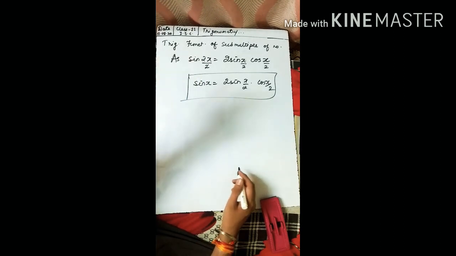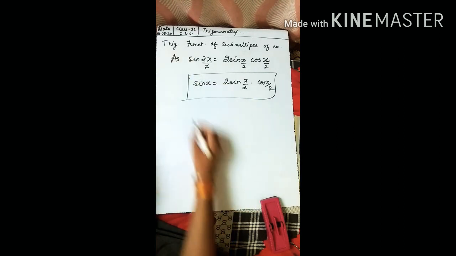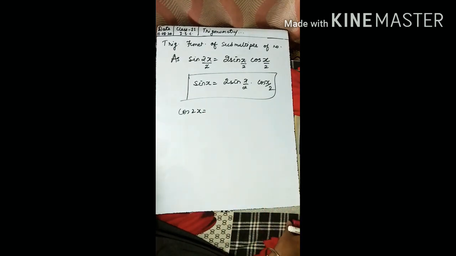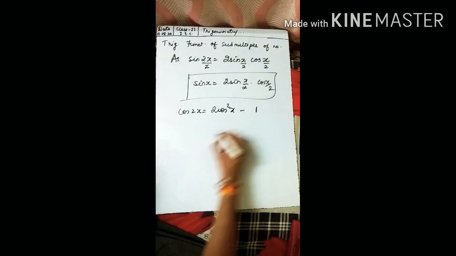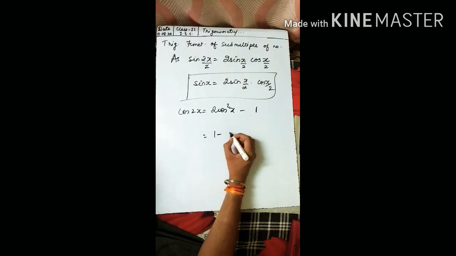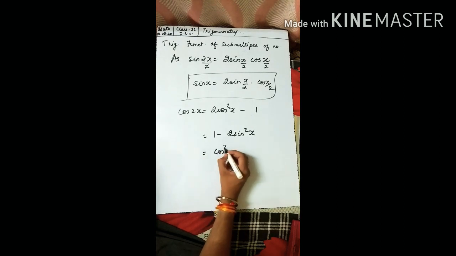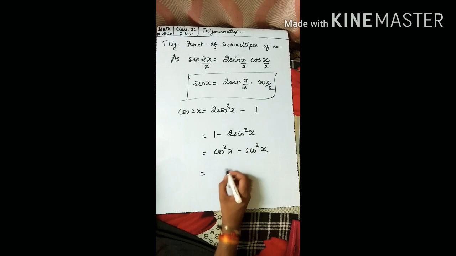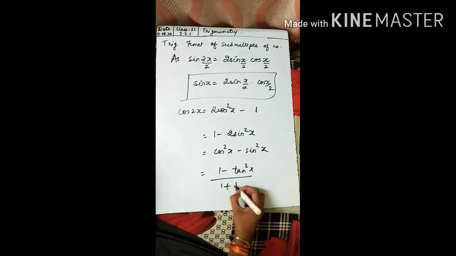Similarly you do for all the things which we have done previously, that is for cos 2x. What all formulas are there for cos 2x? One is 2 cos square x minus 1. Another is 1 minus 2 sine square x. Another one is cos square x minus sine square x. And one more in terms of tan, 1 minus tan square x upon 1 plus tan square x.